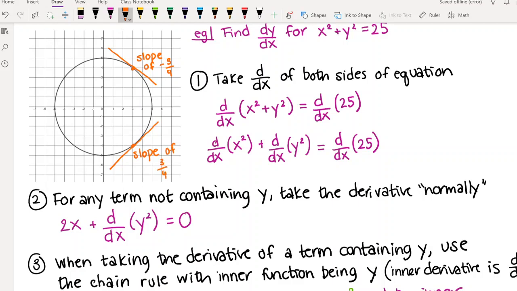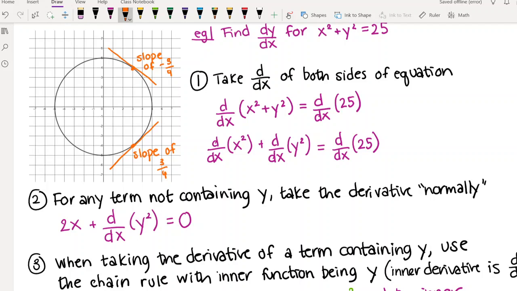So just like with regular, quote unquote, derivatives, we can find the slope of a tangent line. It's just that with these ones, you have to plug in both an x and a y value. I don't think we'll do an example of this in today's video, but if you were asked to find an equation of the tangent line, it's exactly the same as any other equation of a tangent line you've ever found. Once you know the slope and you know a point it goes through, you can just write down the equation of the line.